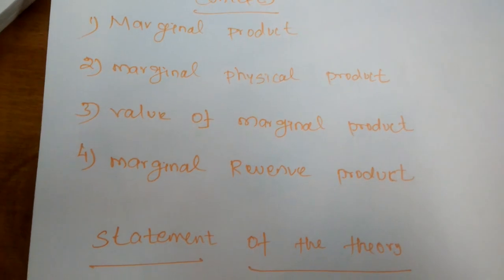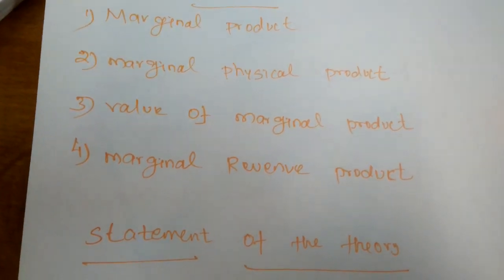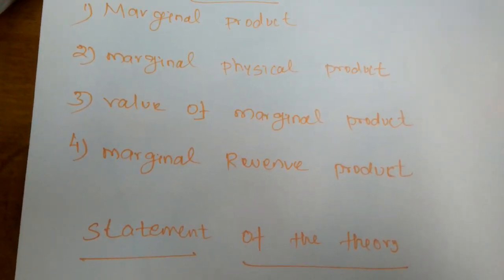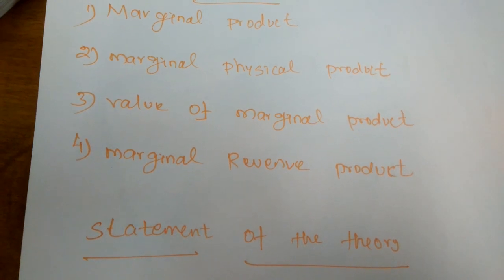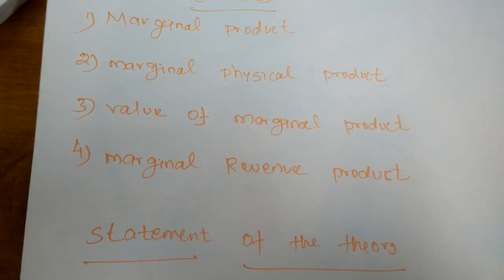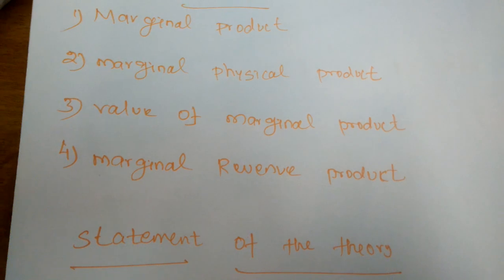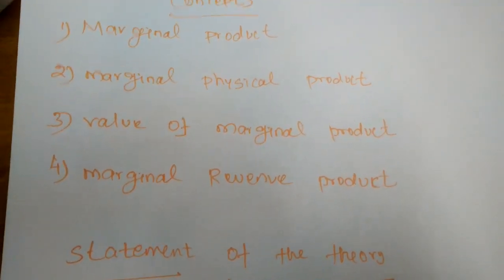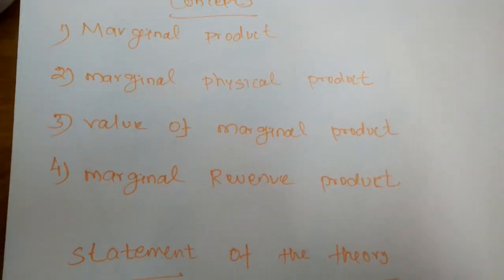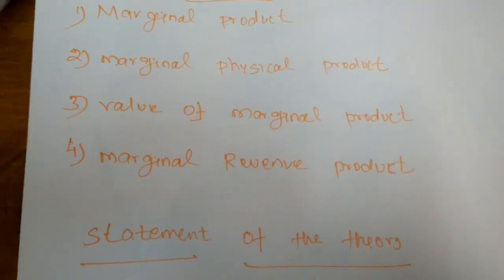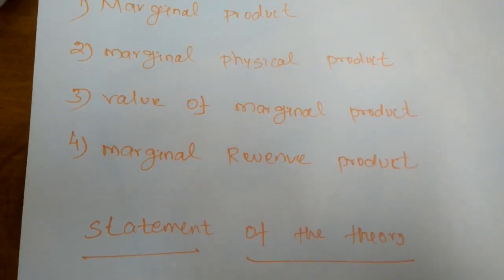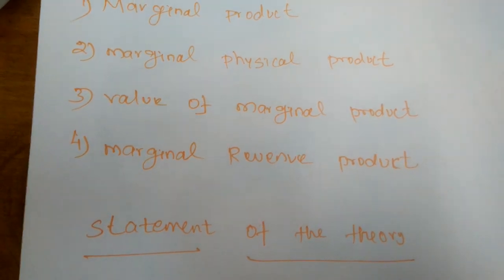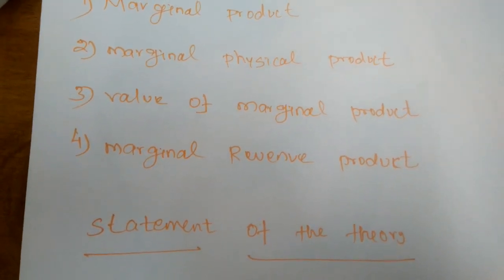When we are arranging the last unit, it also produces 2 units of product. So now 6 pens are there, then 6 into 2 is 12. So the value of marginal product is 12 rupees. Otherwise, the value of marginal product is obtained by multiplying the marginal physical product of the factor by the price of the product.